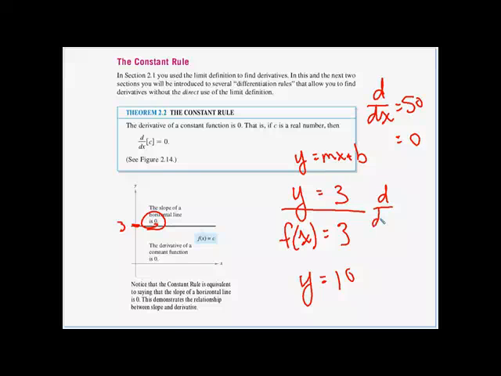Or the derivative with respect to x of pi. Now remember, pi is just a number, 3.14. You take the derivative of a constant, it's going to be 0. And let's see what it says down here under the picture. Notice that the constant rule is equivalent to saying that the slope of a horizontal line is 0. This demonstrates the relationship between slope and the derivative of a function.